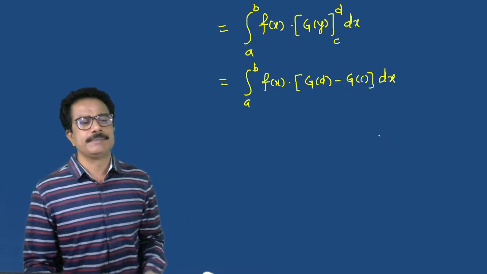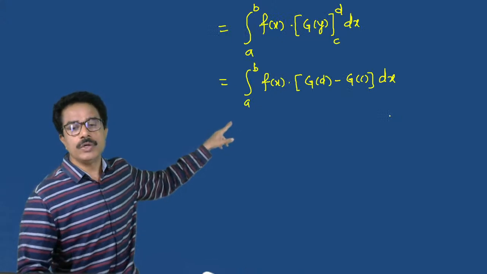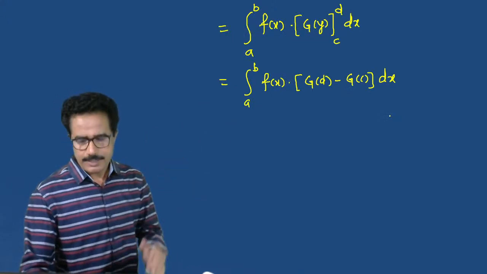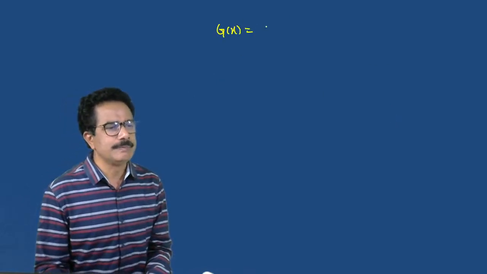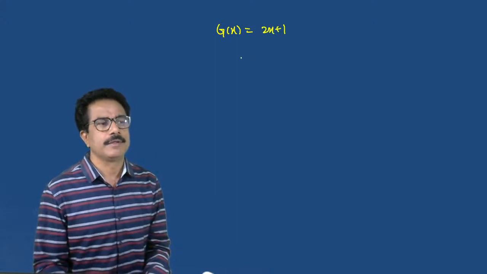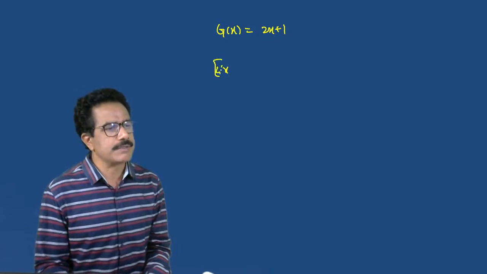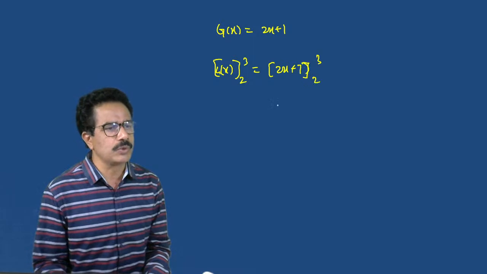What you have to know is that G of d is a constant. Suppose g of x equals 2x plus 1. Then g of x from 2 to 3 is 2x plus 1 from 2 to 3.